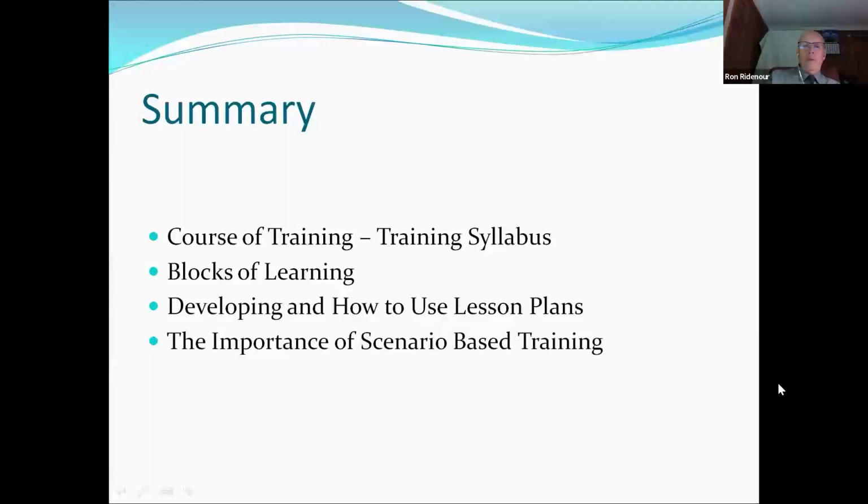So we've talked tonight about the course of training and the training syllabus that we have, and how the training syllabus is made up of lesson plans. And those lesson plans are made up of blocks of learning. We want to start with the small, like Bob was mentioning, and go to the larger, more complex scenarios.